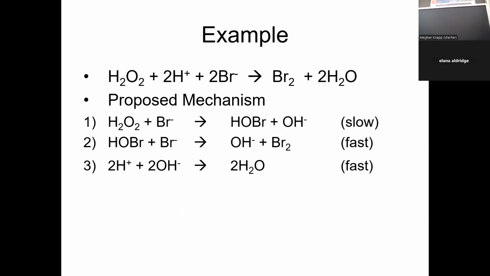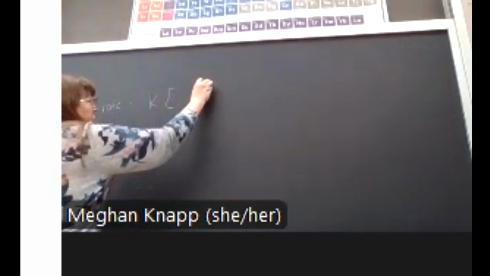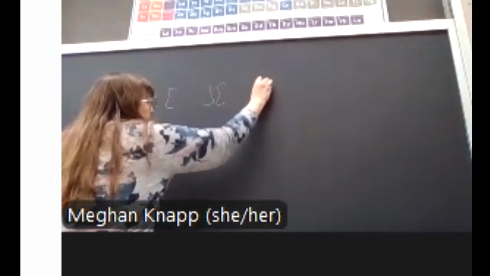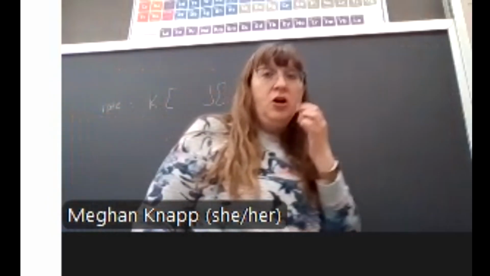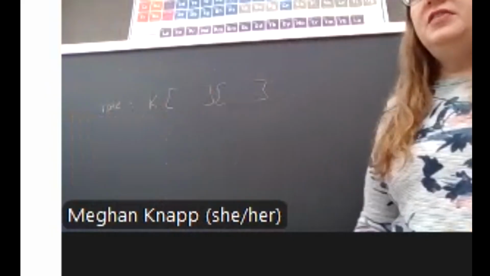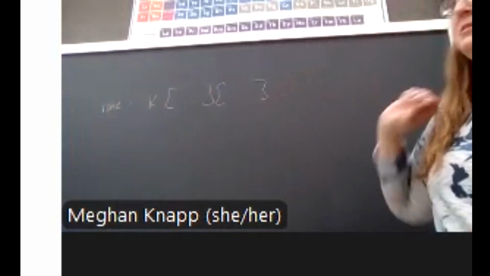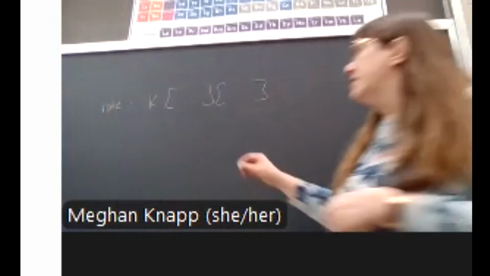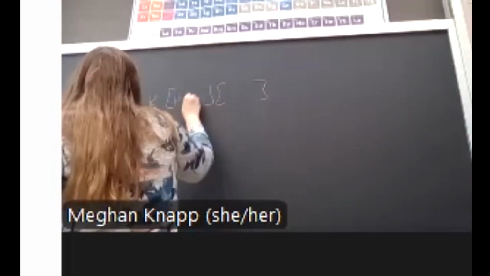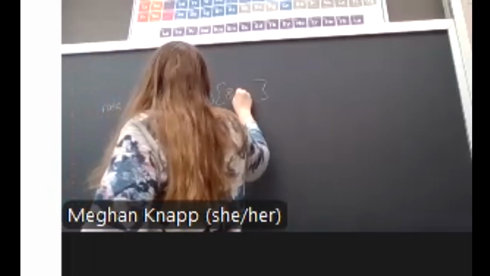Okay, so if we were going to write the rate law from this, what we would do is take the slow step, take the reactants only, and write a rate law. Rate laws always have K in them, so the first thing we put is K. And then we would put the reactants in brackets. If there are coefficients to those, then those coefficients would become exponents here. So our reactants here are H2O2 and Br minus.